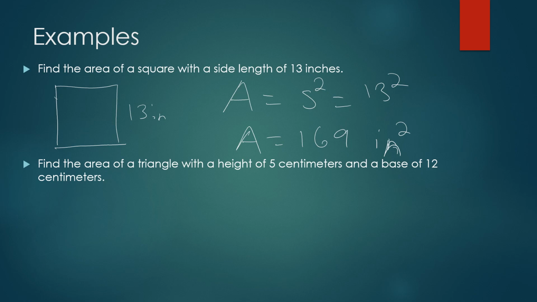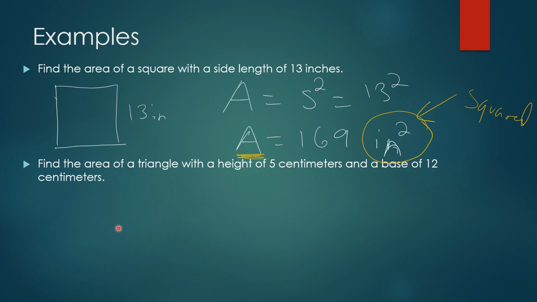Since this is an area, we need to make sure that our label has the squared in it. That way it indicates we're talking about area. When we talked about perimeter, it was a linear measurement, so it was just whatever the label already was, but in this case it is going to be the label squared.